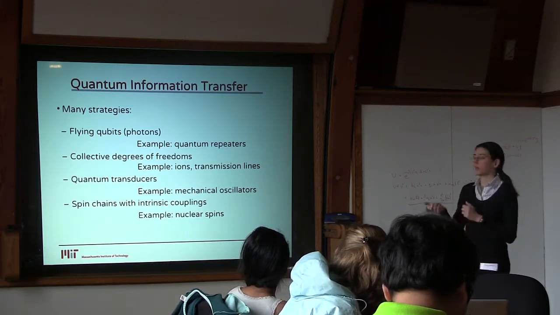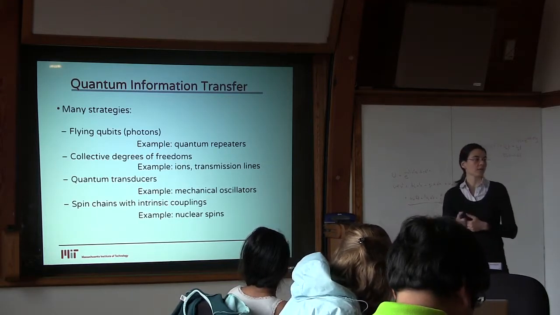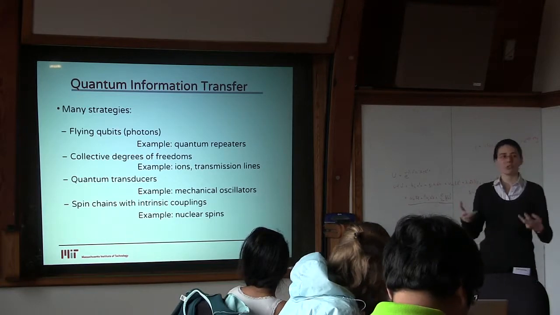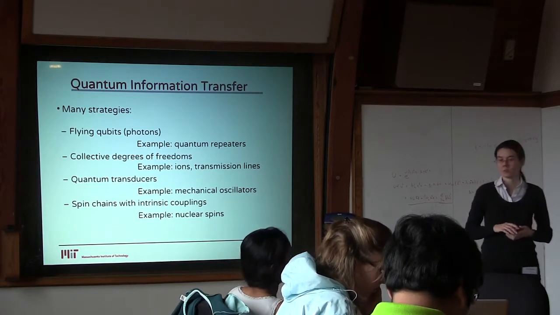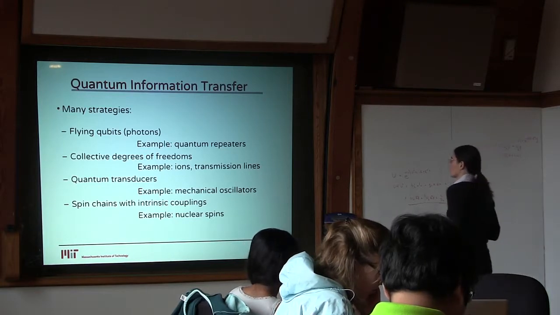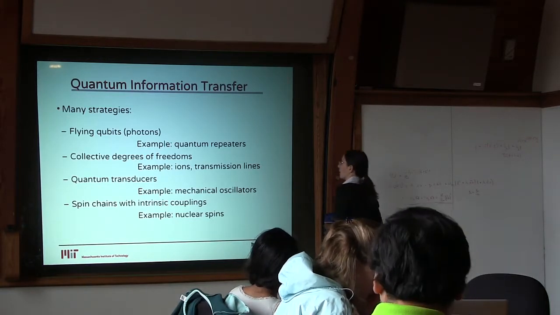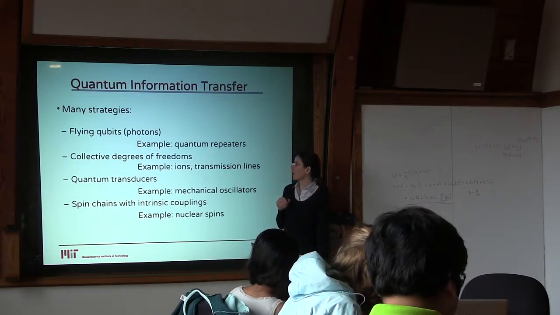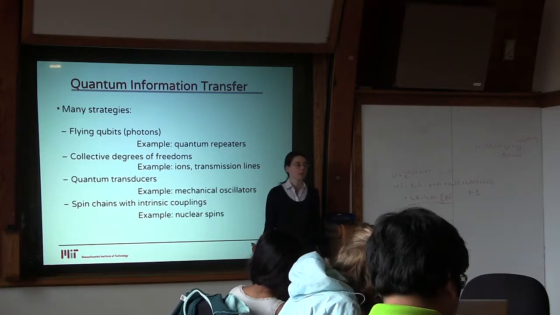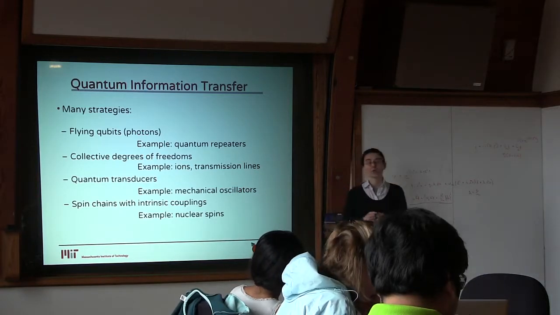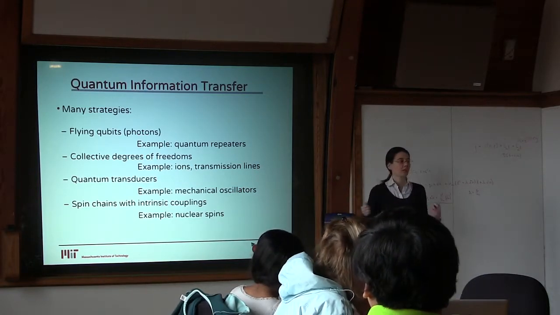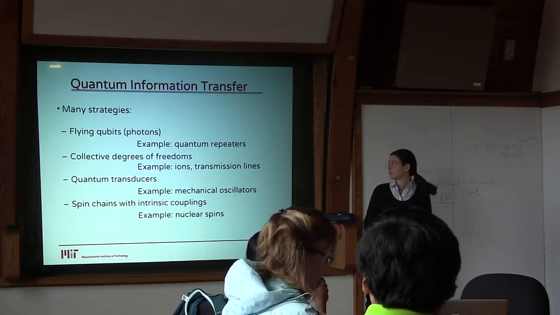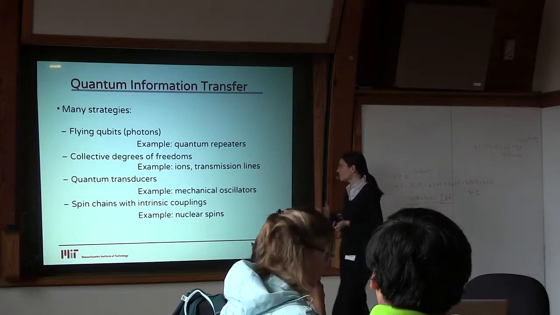You can, of course, flip around the schemes and also use it. The quantum repeaters now become your unit of computation, and then you have this distributed architecture. Different ways of coupling distant units of quantum information can be given by collective degrees of freedom. For example, motional degrees of freedom, which are collective among many trapped ions, can be used to transfer and couple distant ions.